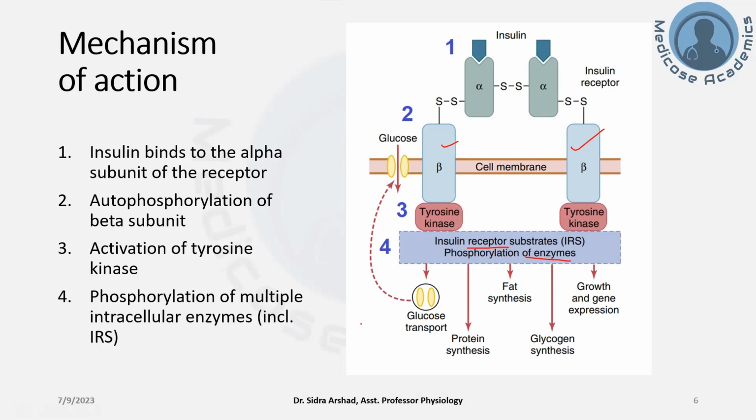So we have seen one type of glucose transporter earlier on, which was glucose transporter 2, which was present in the beta cells. So here the glucose transporter 4 will be translocated into cell membranes of some cells, for example, adipocytes, skeletal muscle cells, and cardiomyocytes, just to name a few.